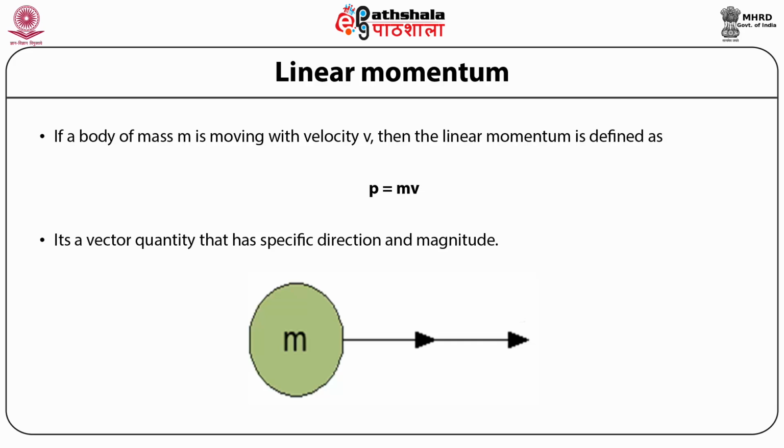But because the magnitude is larger than the magnitude of v, the vector representing p has a larger magnitude, or length in this case, than the velocity.